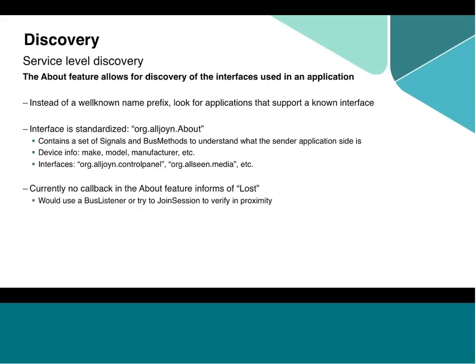So if I see 5 applications or devices that are using the about feature, maybe there's a bunch of TVs, and I walk away from proximity, where proximity is defined by being on the same Wi-Fi network, then I wouldn't get any information that they've gone away. And we have to use some other pieces of AllJoyn in order to understand that that's occurred. So just using the about feature by itself only gets you to the discovery side of things. It doesn't let you know that they've gone away.